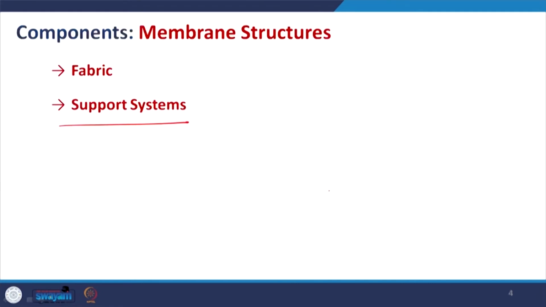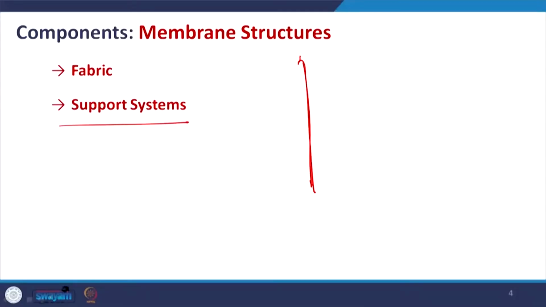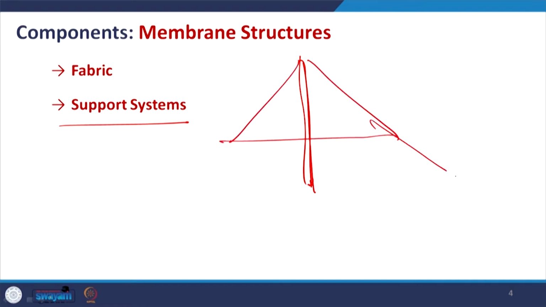Now, coming to the support system, there are different kinds of support systems. It may be just a mast support, where only with a single mast we anchor this particular membrane to the ground. This can be one option.